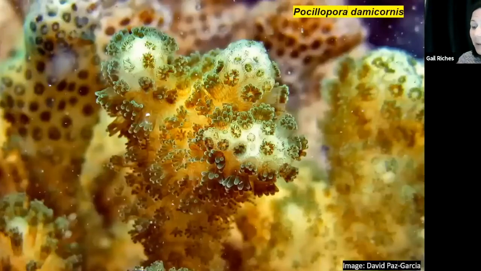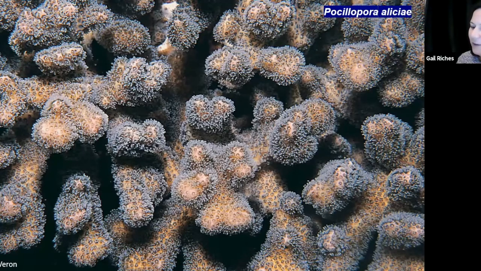A different kind of branching coral, which is actually really common as well, is Pocillopora. This is another genus. A well-known common name is cauliflower corals. And these corals do not have the axial or radial corallites like Acropora does, but instead they have very big, what we call verrucae, which are dome-like bumps, and you can see why they're called cauliflower corals.